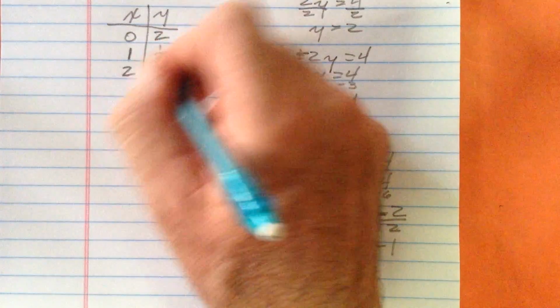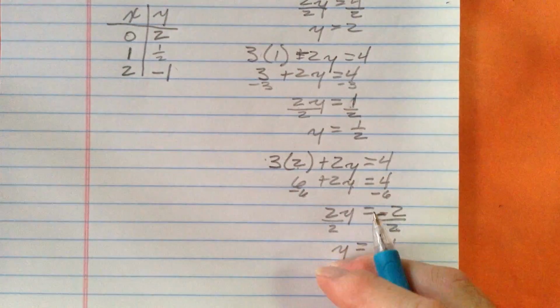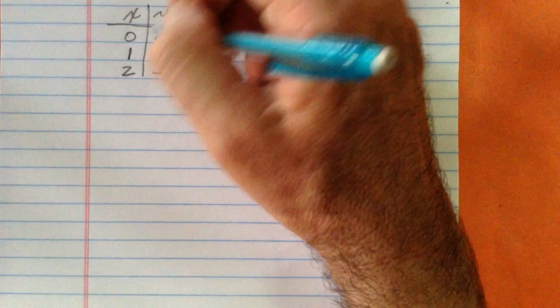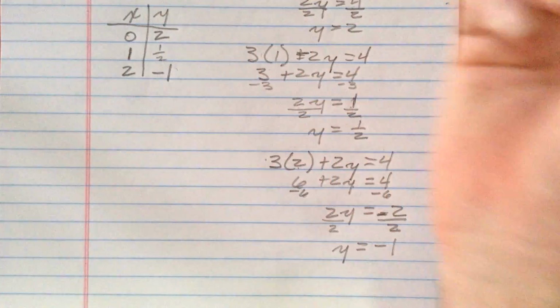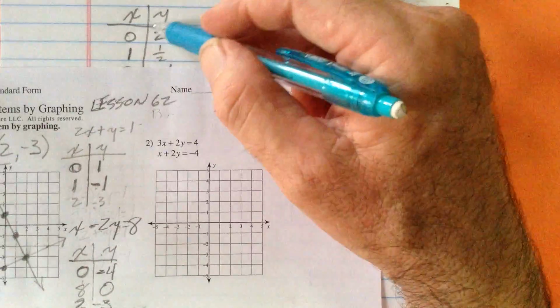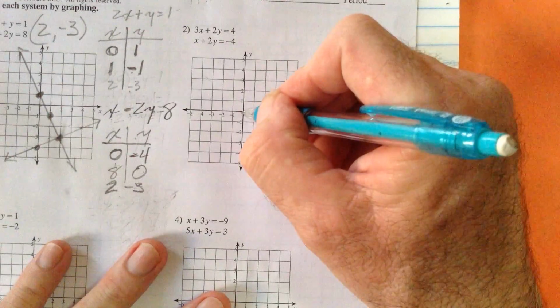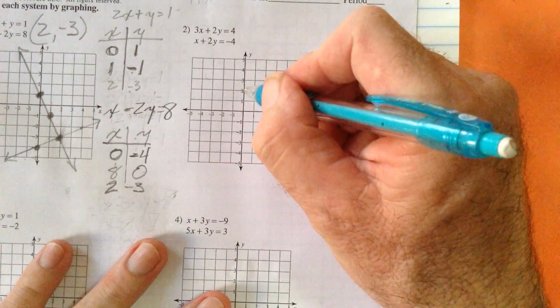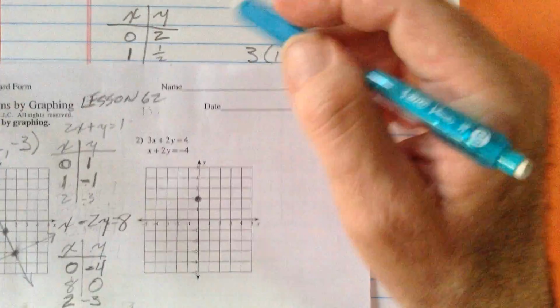Okay, so now I've got two points. The book shows like 3 or 4, but once you get 2, you can stop. You don't have to keep going. So here I can graph that first equation. I've got x is 0, y is 2. I put the point there.